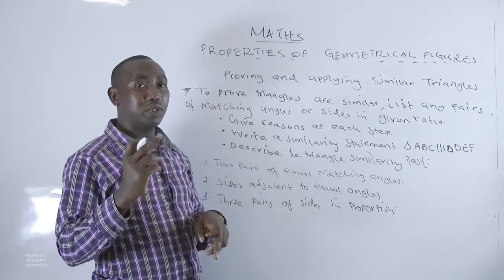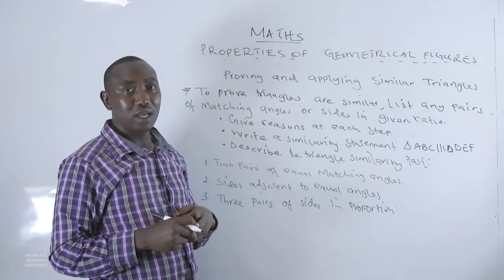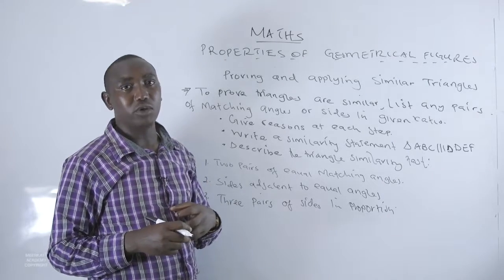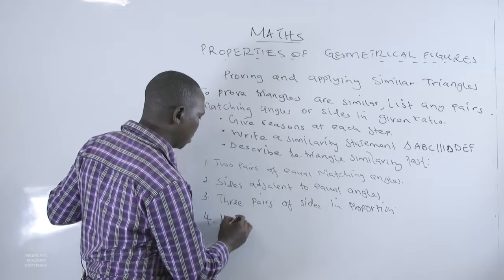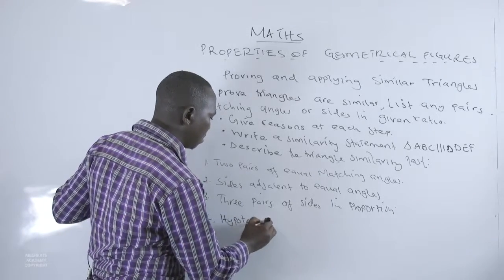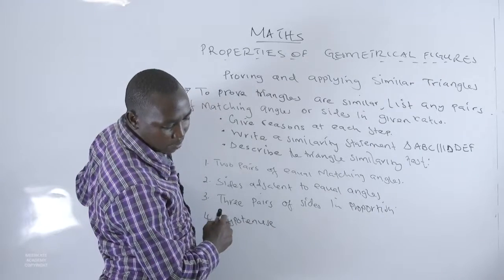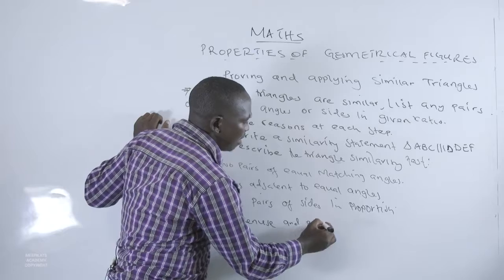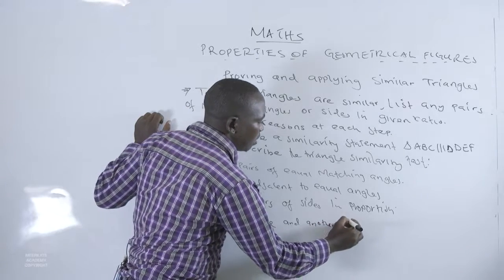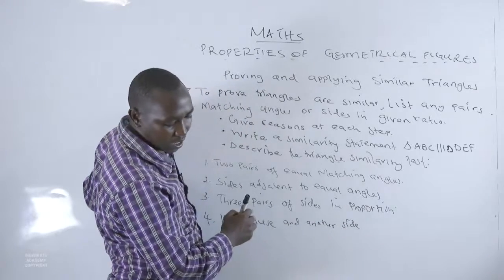That means the hypotenuse and one of the sides should be matching, so the hypotenuse and another side.